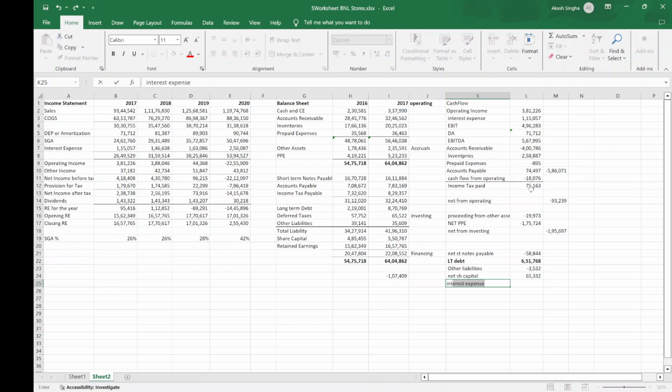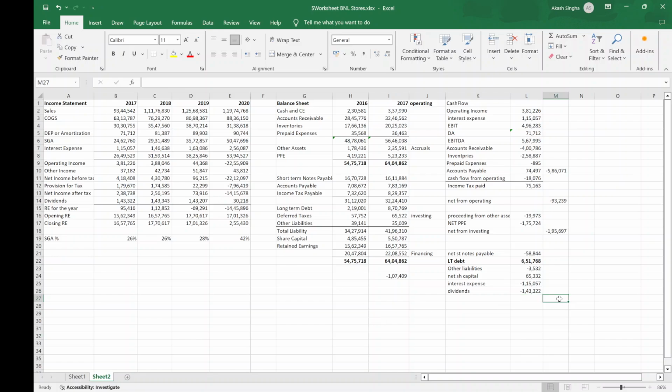Interest expense. Okay, yeah, interest expense is a financing activity equals to minus this, we've spent it, so minus. Then operating income, other income, net income, dividends. Yeah, dividends is a financing activity. Dividends minus of this.